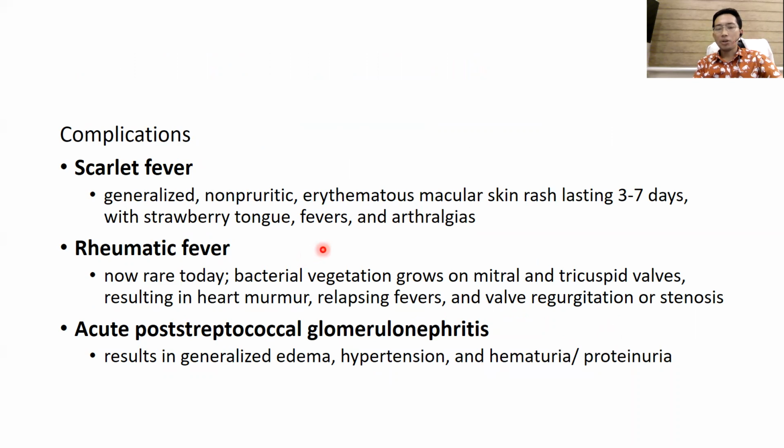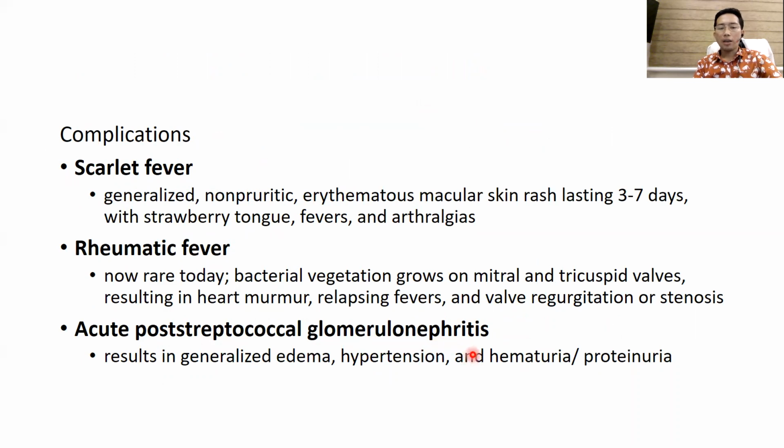Remember, the complications of tonsillitis are scarlet fever, rheumatic fever, and acute post-streptococcal glomerulonephritis. So remember the presentation of scarlet fever, rheumatic fever, and acute post-streptococcal glomerulonephritis.